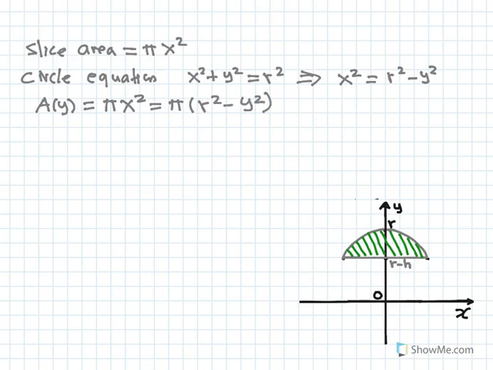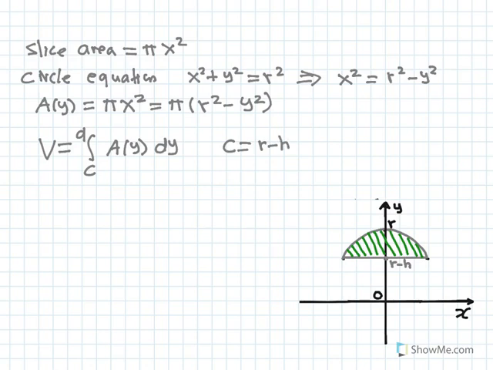Now that we have found the area slice, A of y, this will form the integrand of the volume formula. The volume formula is the integral from c to d of A of y, the cross-sectional slice as a function of y, integrated with respect to y. c is the lower y limit of integration, which is r minus h.